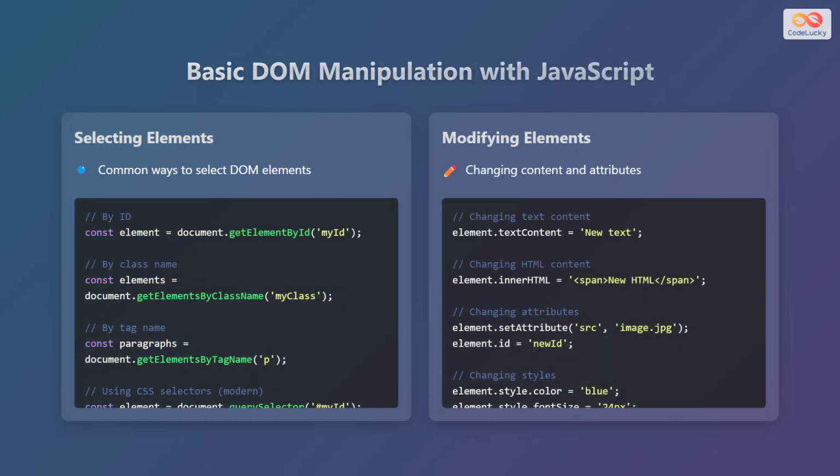Document object model, or DOM manipulation, involves using JavaScript to interact with and modify the elements on an HTML page. One of the first steps is selecting the elements you want to work with.